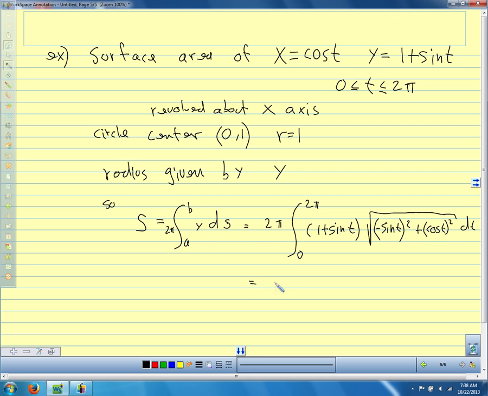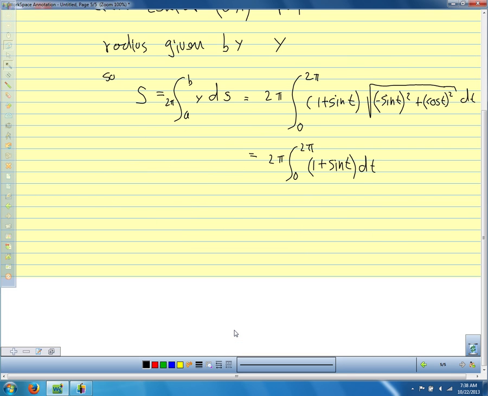So we get 2 pi, the integral from 0 to 2 pi of, what does this simplify to? 1. So 1 plus sine t dt. Nice easy integral now. It looked intimidating at first. 1 plus sine t dt, and I evaluate that. I get 2 pi times t minus cosine t evaluated from 0 to 2 pi. And when I evaluate that, I get 4 pi squared. So that would be my surface area.